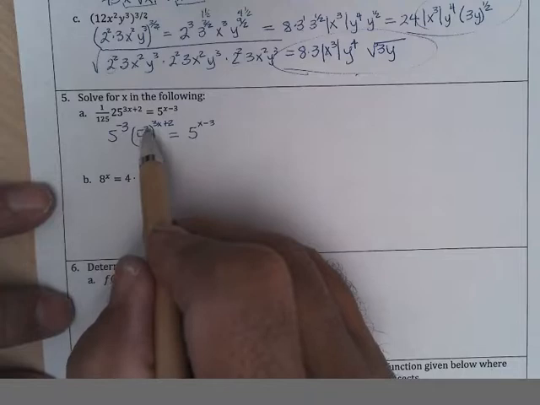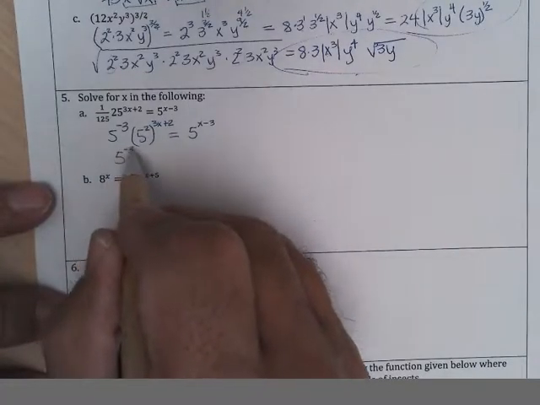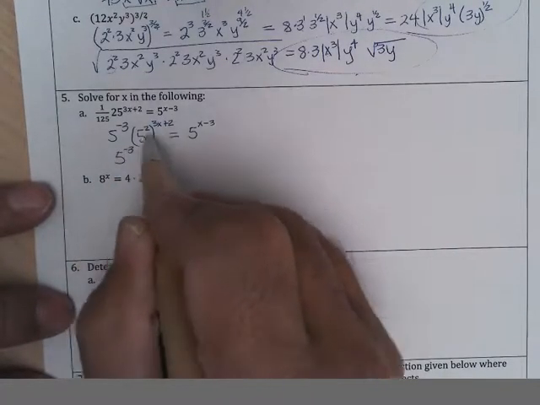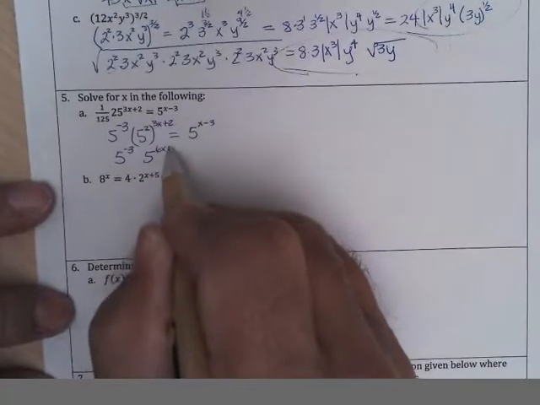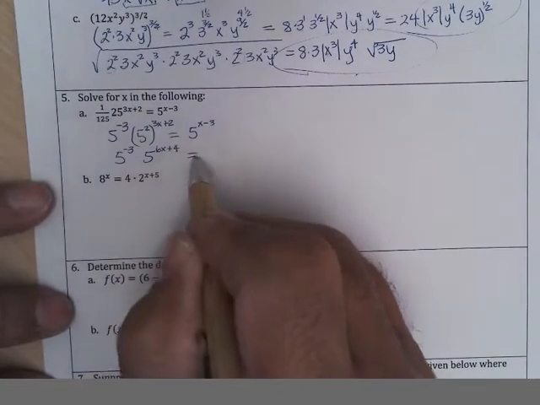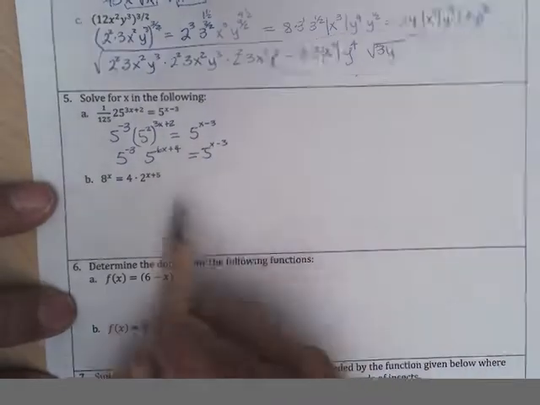So I have to multiply the powers here, so I got 5 to the negative 3 times 5 to the 6x plus 4 equals 5 to the x minus 3.